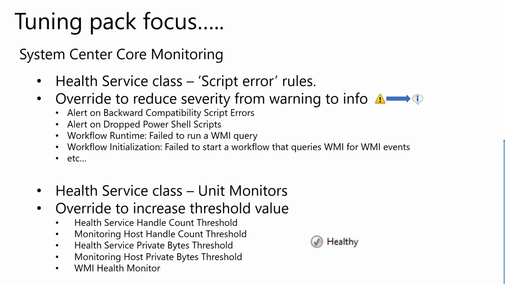Perfect. And the second element of the core management pack is a really important area around agent health. So the tuning pack is going to apply overrides to the health service class to increase the memory handle count and private byte thresholds parameters, because we've determined that the defaults aren't really appropriate.